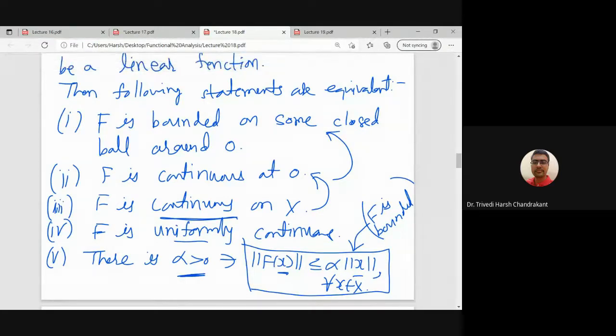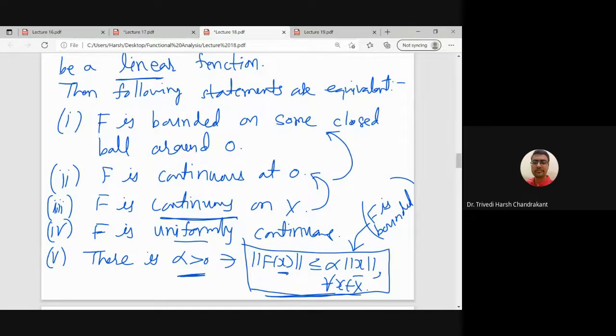So this theorem characterizes all the continuous functions on normed linear spaces which are linear with the boundedness condition.